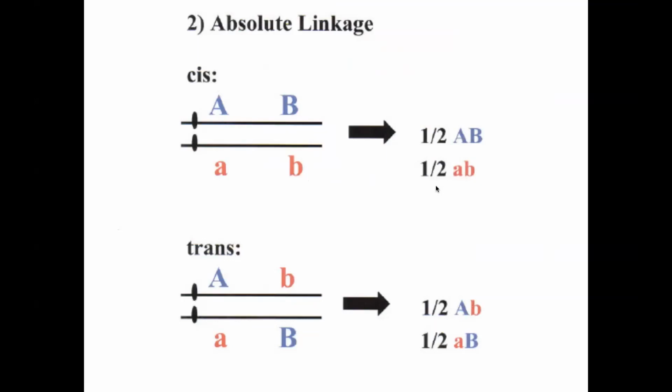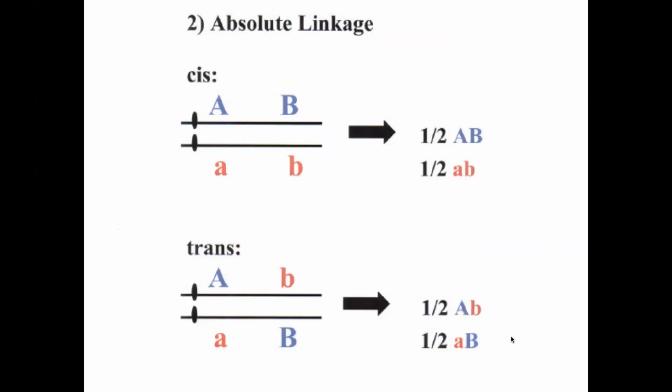Alternatively, you could have trans linkage. And again, let's ignore recombination for now. What's the gametic pool that individual would produce at the completion of a meiotic event? Well, it'd be 50-50 of big A, little b and little a, big B containing gametes.